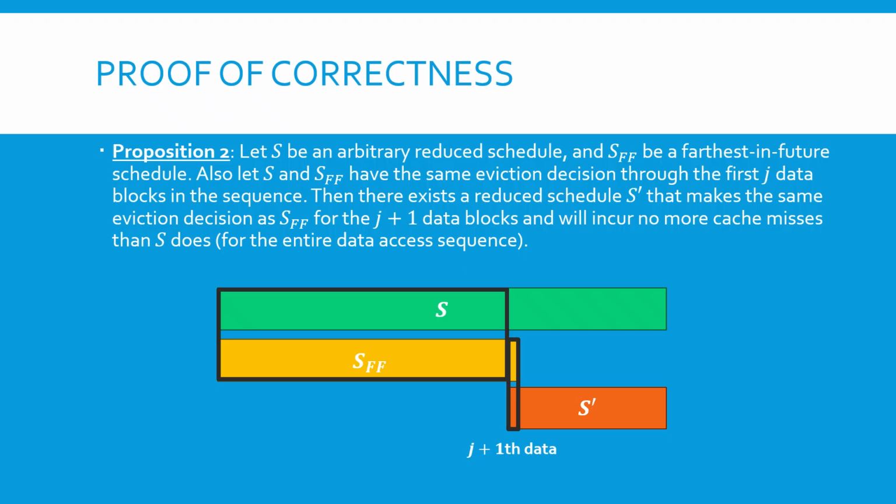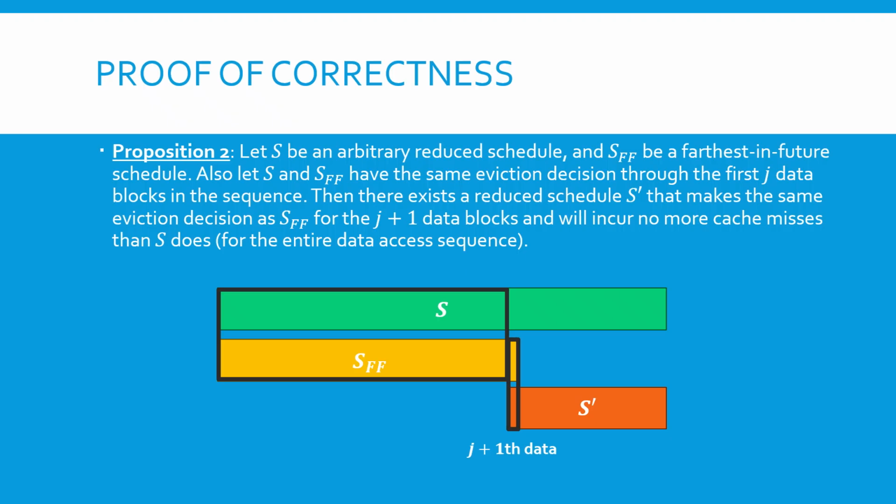It states that if S and SFF make the same eviction decisions for the first J data requests, then there exists a reduced schedule S prime that first makes the same eviction decision as SFF on the J+1th request, and second, incurs no more cache misses than S.